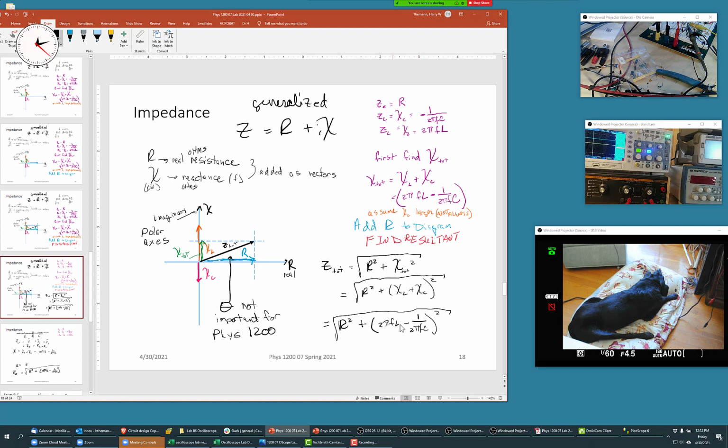And then at the end of the day, that's 2 pi F times L minus, don't forget, 1 over 2 pi F C, squared. And that is our total impedance.